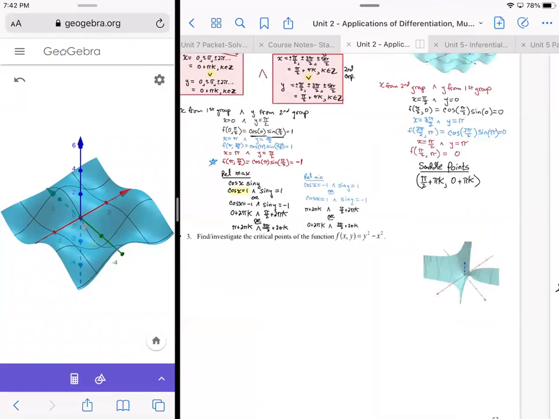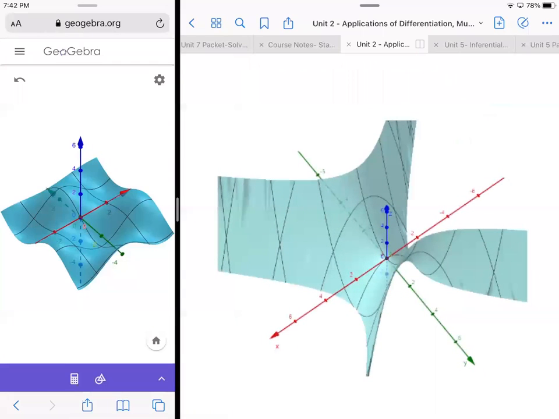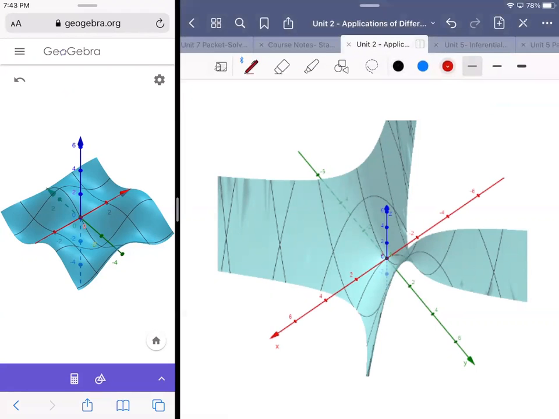Also, I had mentioned before that I would show you an example of a saddle point that actually looks like a saddle point. And this is one of them, because if you just look at the innermost part of this graph, my Apple Pencil is struggling here, focusing on these points here, it kind of has a saddle-like quality to it.